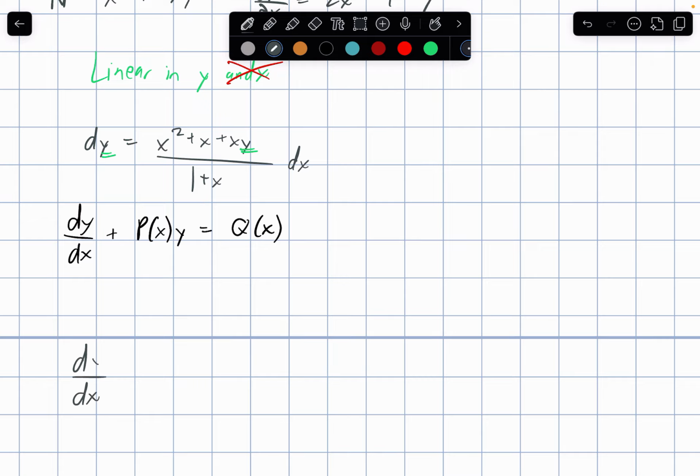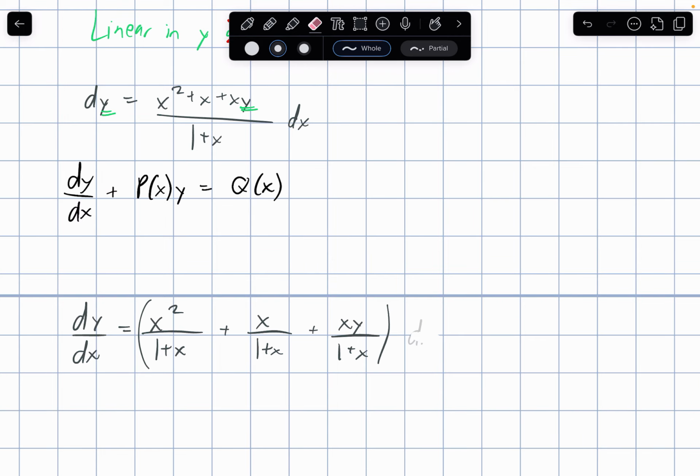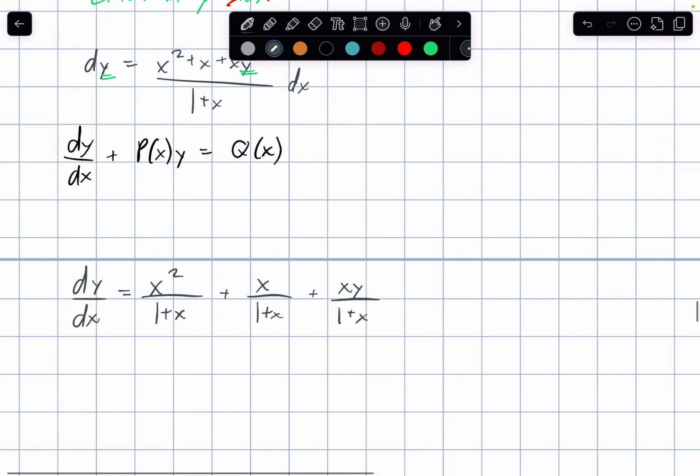So dy over dx is equal to x squared plus x. No. Let's start distributing the denominator to each term at the top, to see if this could help in the simplification process. Oops, sorry. The x is already in the left side.